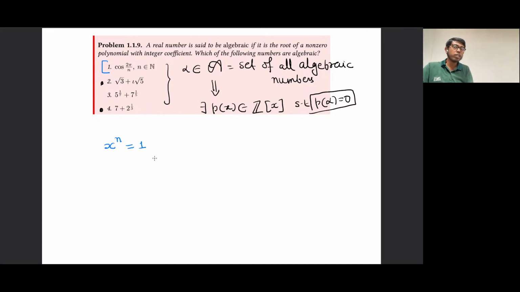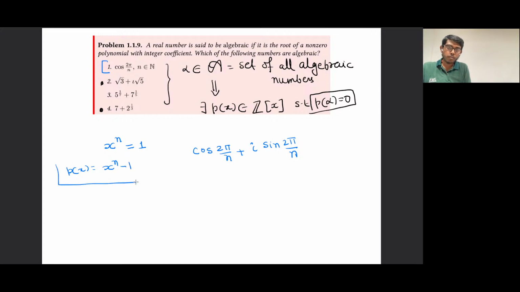At least one root is cosine 2 pi by n plus i sine 2 pi by n. This is one root of this equation. So the polynomial is x^n minus 1. This is one root. Okay. And note that this is also a root.